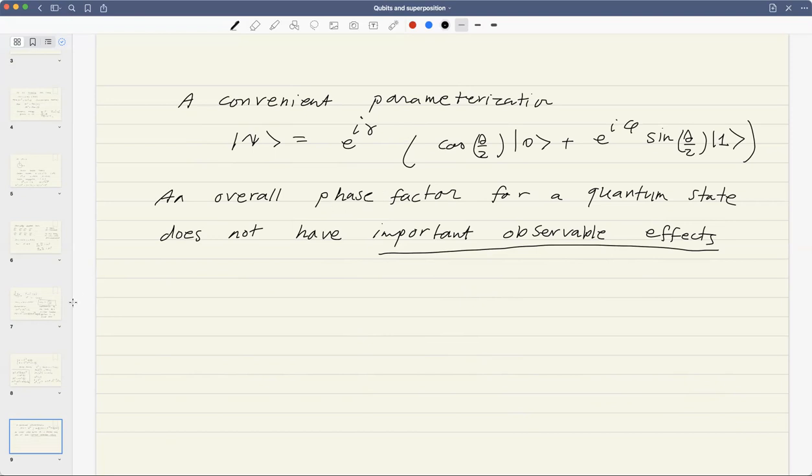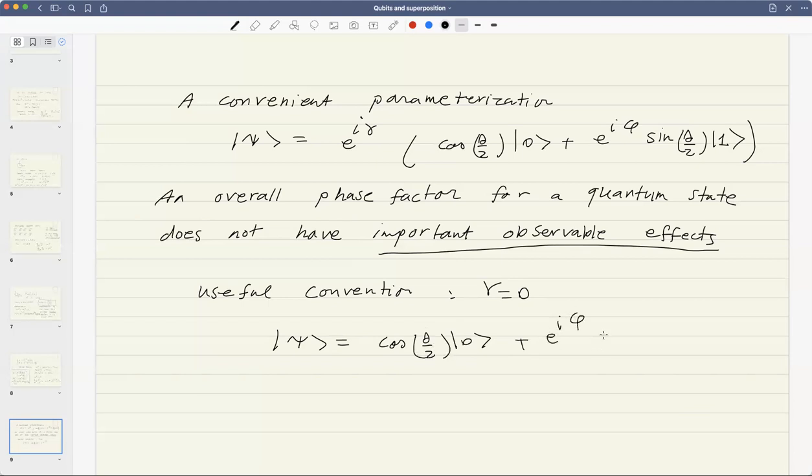So a useful convention is setting gamma to 0. So we represent psi, the normalized state of a qubit in general, where we don't worry about the overall phase, as just cosine theta over 2 times 0 plus e to the i phi sine theta over 2 times 1.